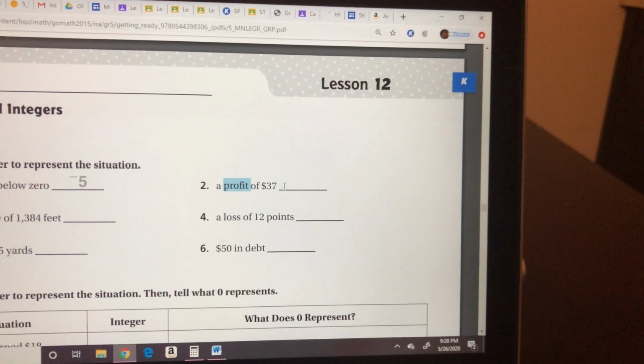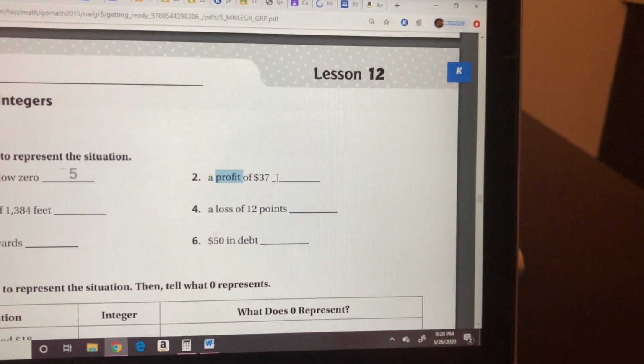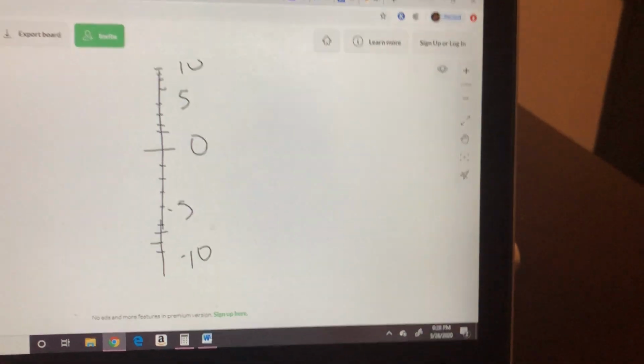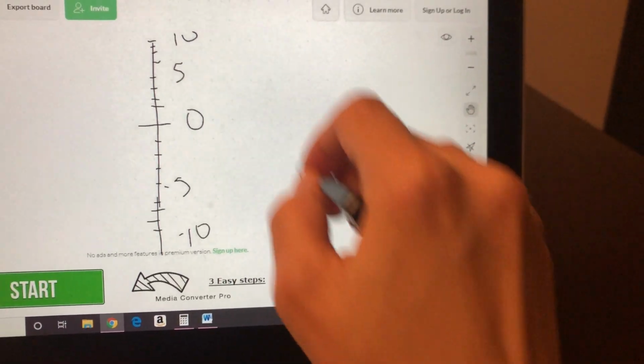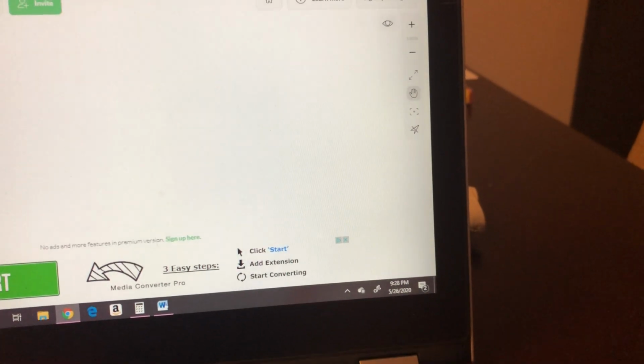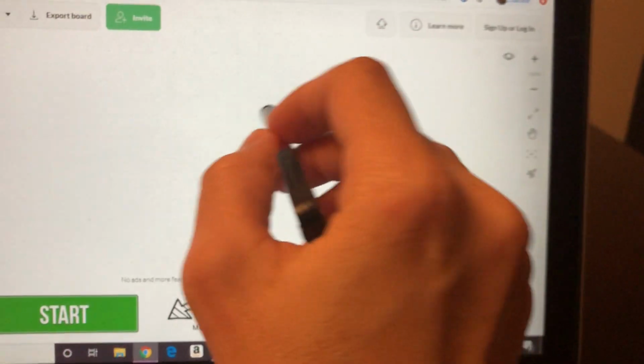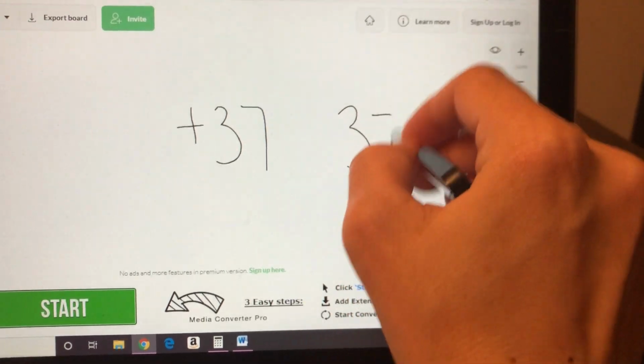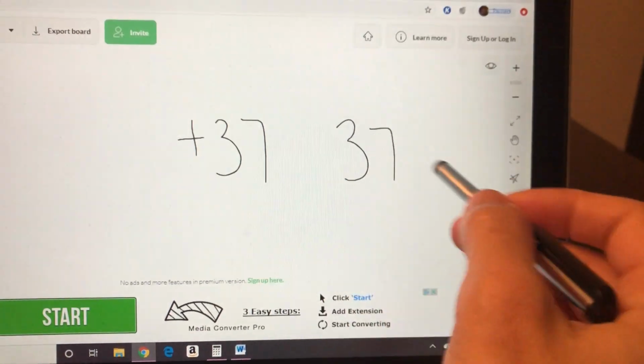So it means that you earned it, you received it. So that would be a positive, earning a positive number. So we would write, you can either write it as plus 37, or you just write the number 37. Either one of these is fine.